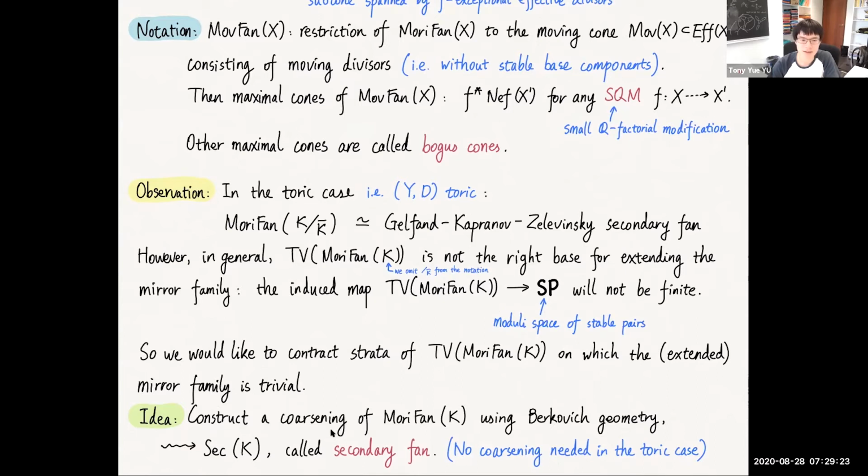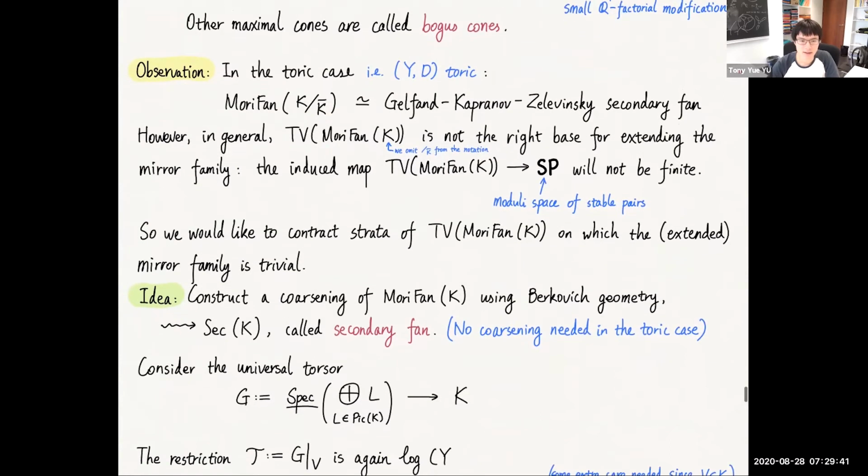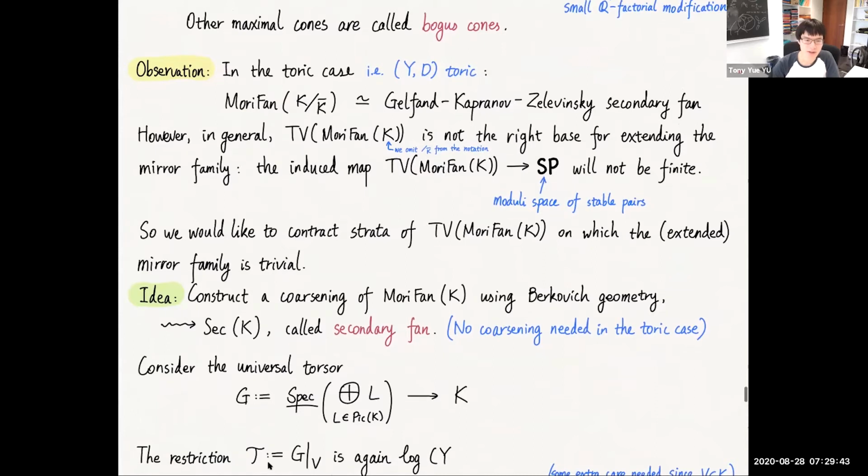So for this coarsening, let's consider the universal torsor. We consider the universal torsor G, which is the relative spec of a direct sum of line bundles. And note that the restriction of G to V, denoted by T, is again a log Calabi-Yau variety.